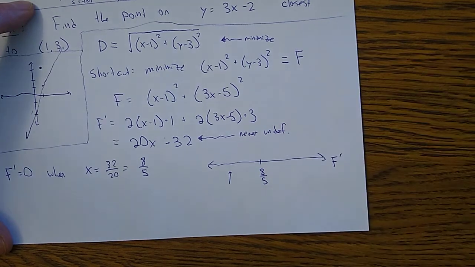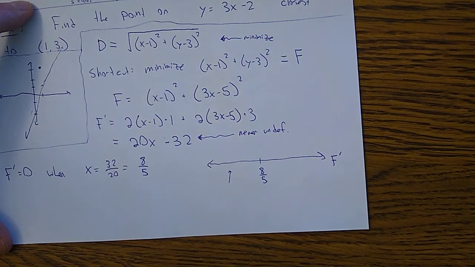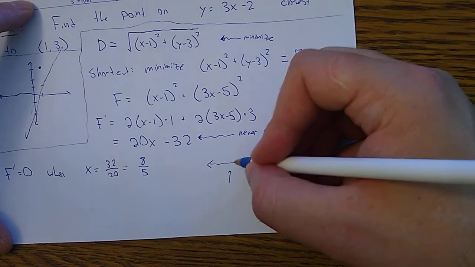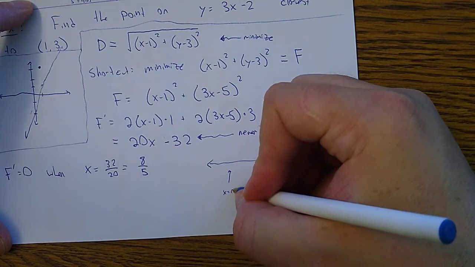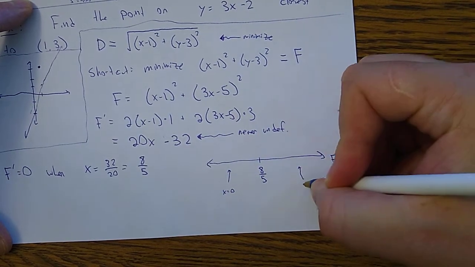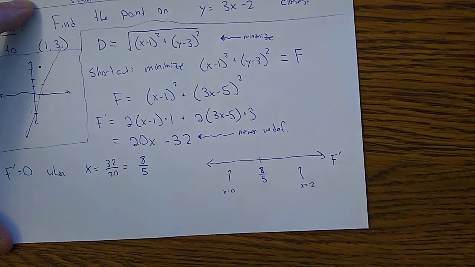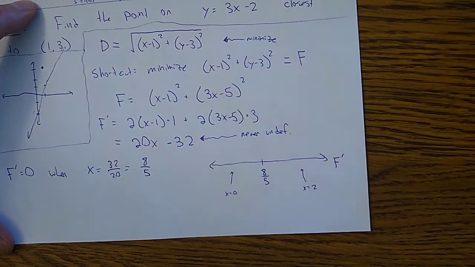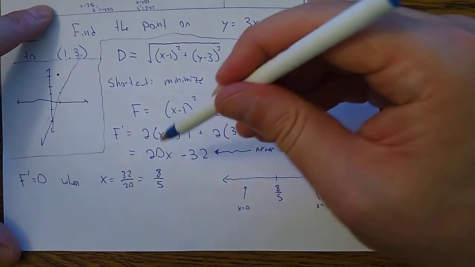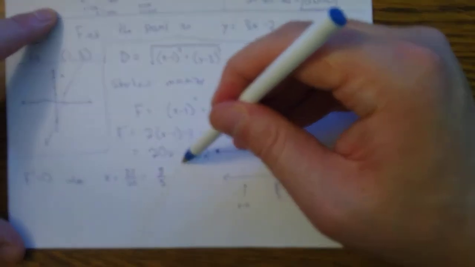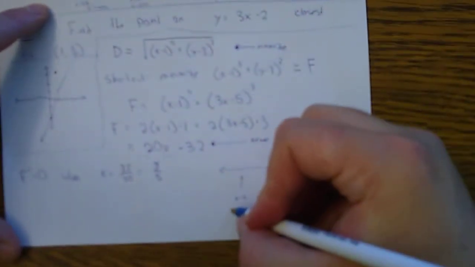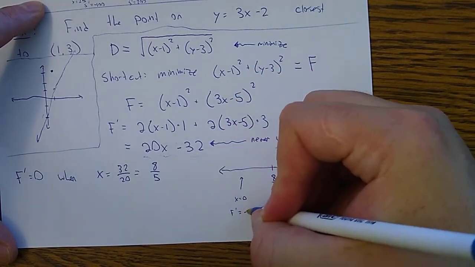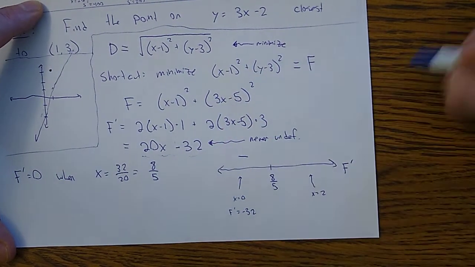So 8/5, this is where it pays to think about decimals. 8/5 is about 1.6. So I'll choose something to the left, how about x equals 0? And I'll choose something to the right, how about x equals 2? And then I'll plug these numbers into the derivative and see whether it's positive or negative. So here's the derivative. If I do f prime of 0, I would just get negative 32, so that's negative.